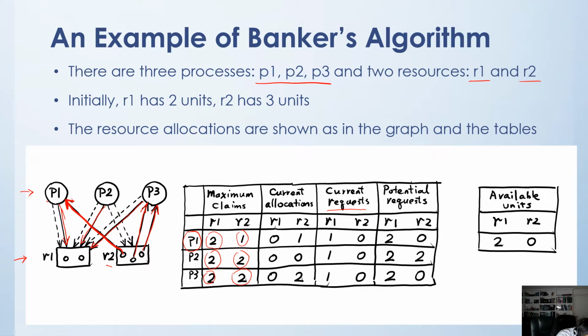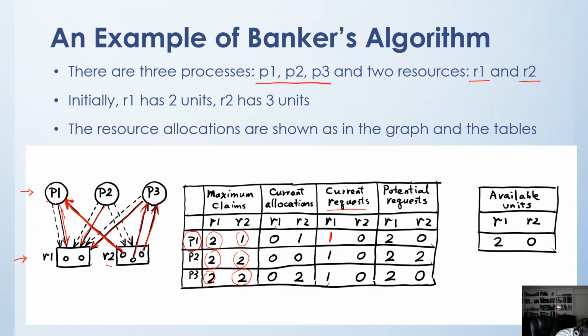However, the potential requests are basically the maximum claims we have. So P1 has a potential request for 2. Right now the potential request for R1 is 2. Even though there's currently 1 request, the potential could be 2.